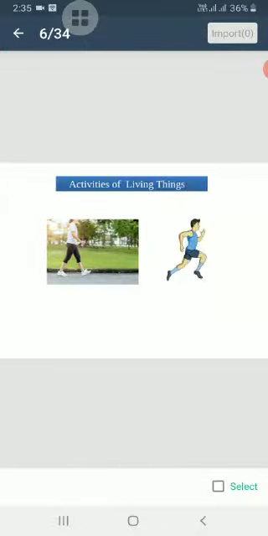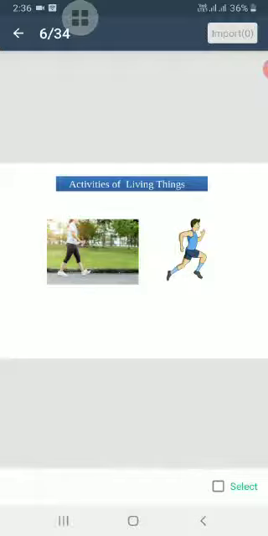So first we can take some differences such as movement, intake of food, respiration, excretion. These are some common differences between living and non-living things. We normally recognize a living thing by its activities such as walking, running, but a robot can also walk and a car can run.